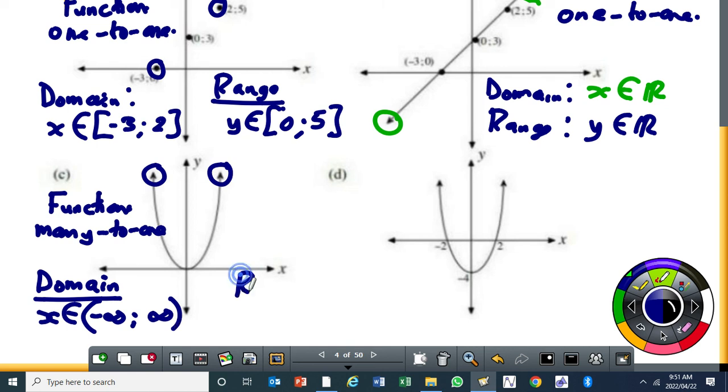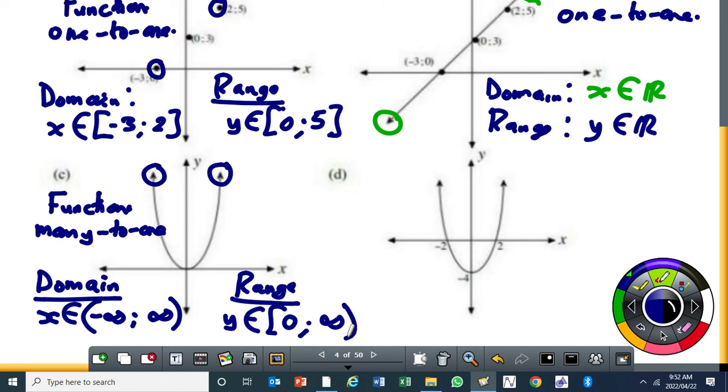Then the range. What's the minimum value of y from this graph? It's 0. So our range, y is an element, starting from y equals 0, and the 0 is included, up to positive infinity.